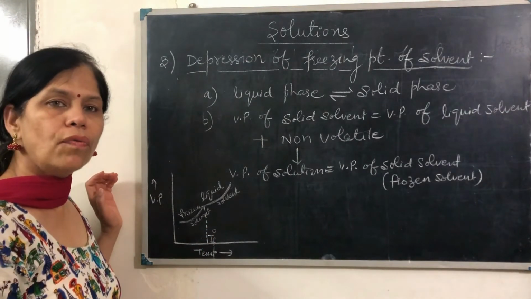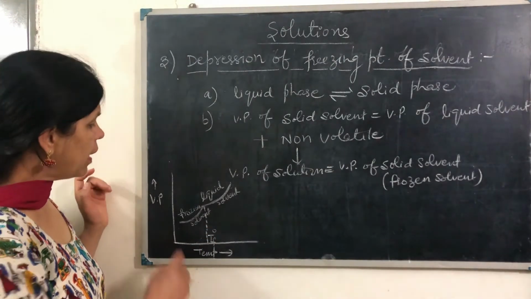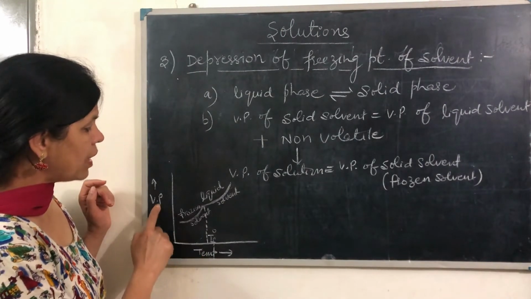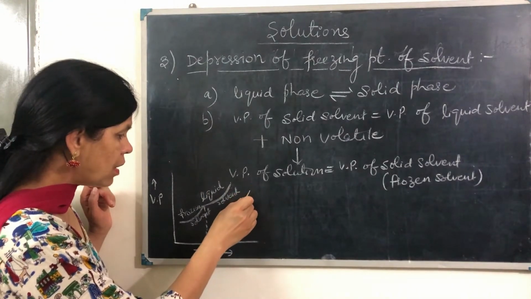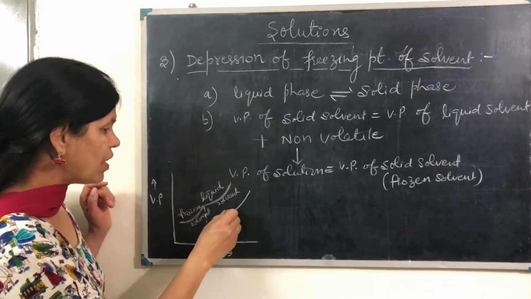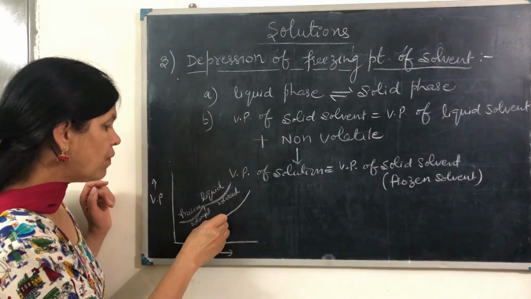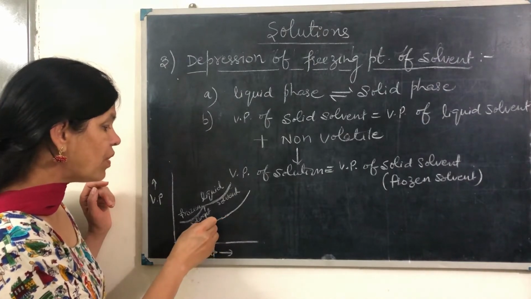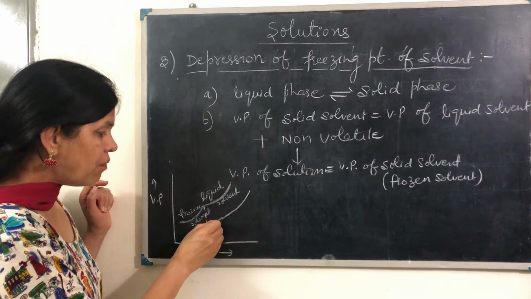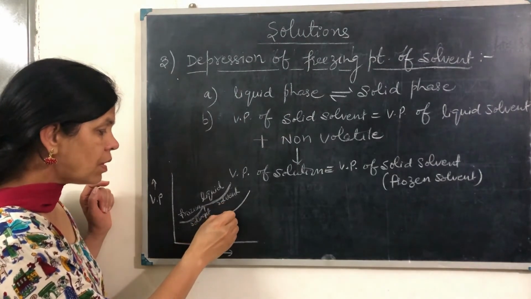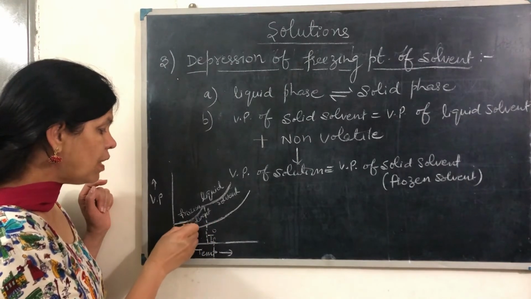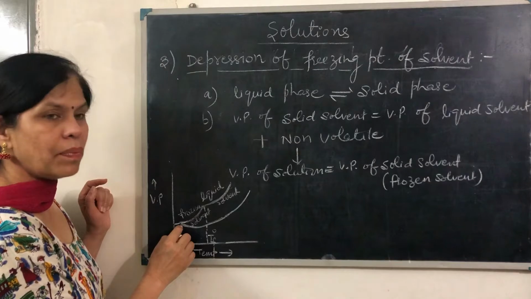When I add non-volatile solute to the solvent, again the relation is the same. More the temperature, more is the vapor pressure. Lesser the temperature, lesser is the vapor pressure. So this is the graph for solution, and if I keep on decreasing the temperature, vapor pressure also keeps on decreasing, but it will not freeze at the same point where the pure solvent has frozen. There is a need to decrease the vapor pressure of solution so that it becomes equal to frozen solvent, and it will be equal at this temperature.